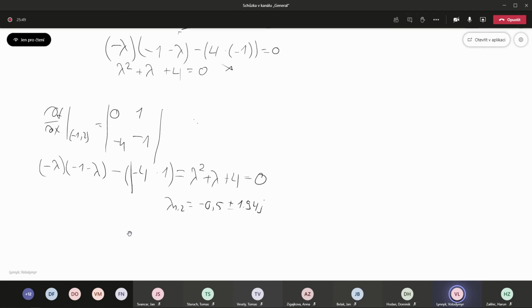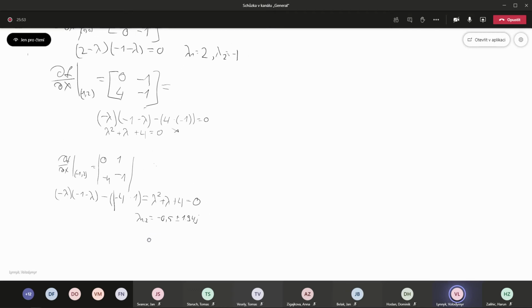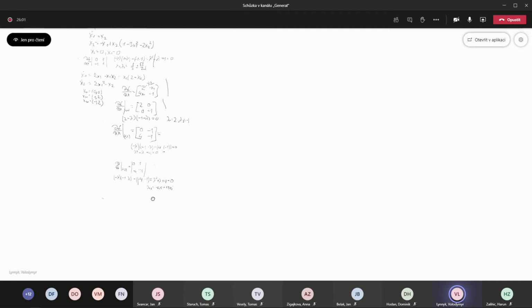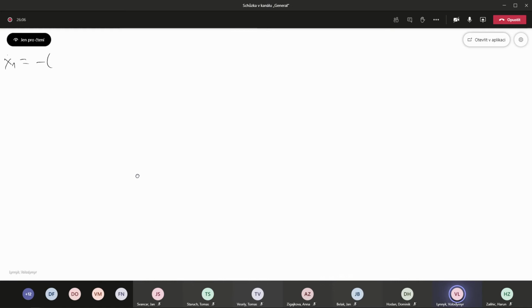Okay, the next system. Consider the system x1 dot equal to minus x1 minus x1 squared plus 1 minus x1 minus x2, and x2 dot equal to minus x2 minus x2 squared plus 1 minus x1 minus x2.